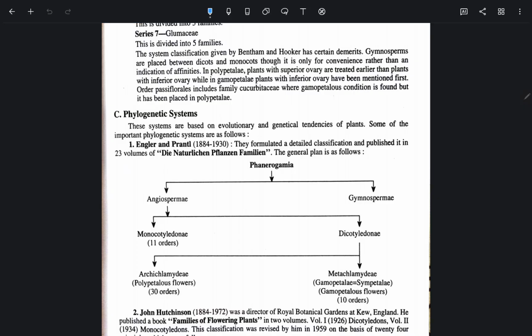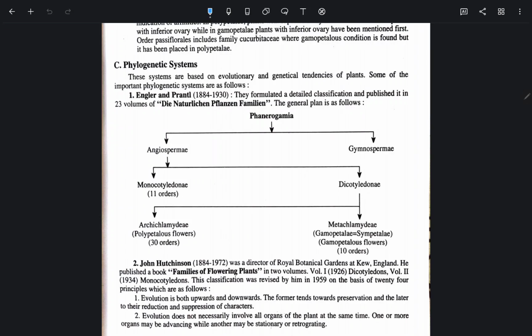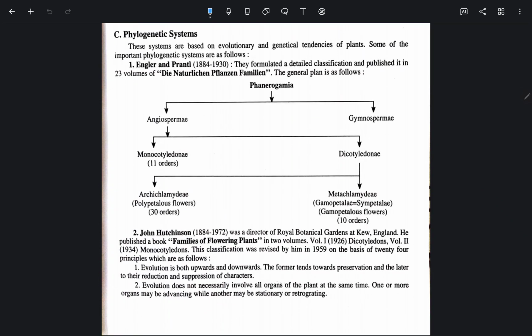The general plan is as follows: Phanerogamia, Angiospermae and Gymnospermae, and Angiospermae further classified into Monocotyledonae and Dicotyledonae. Dicotyledonae further classified into Archichlamydeae and Metachlamydeae.